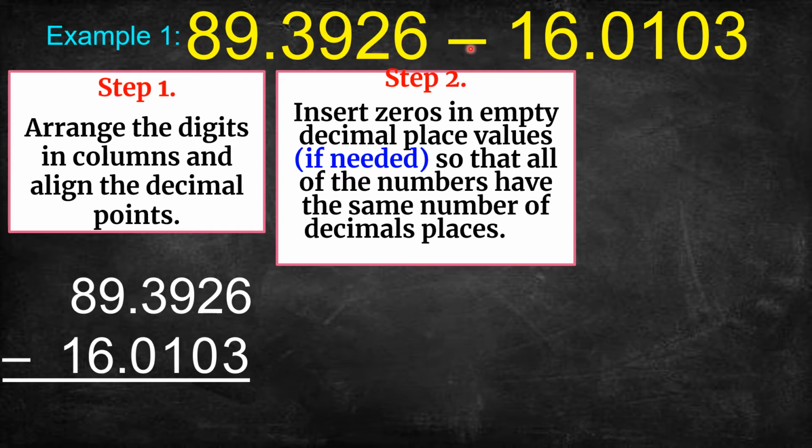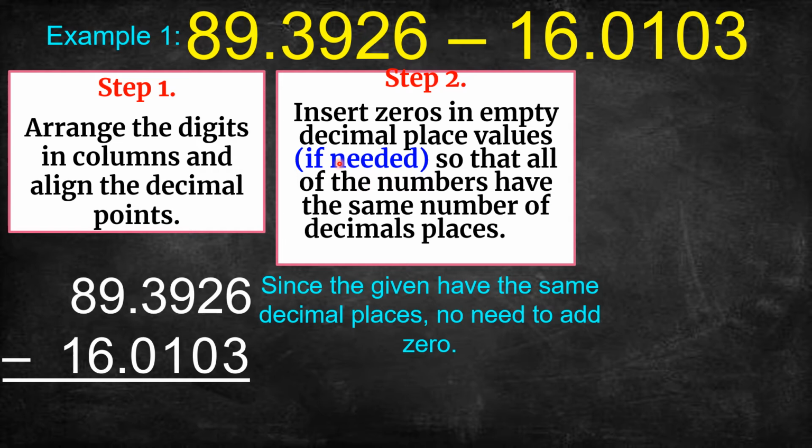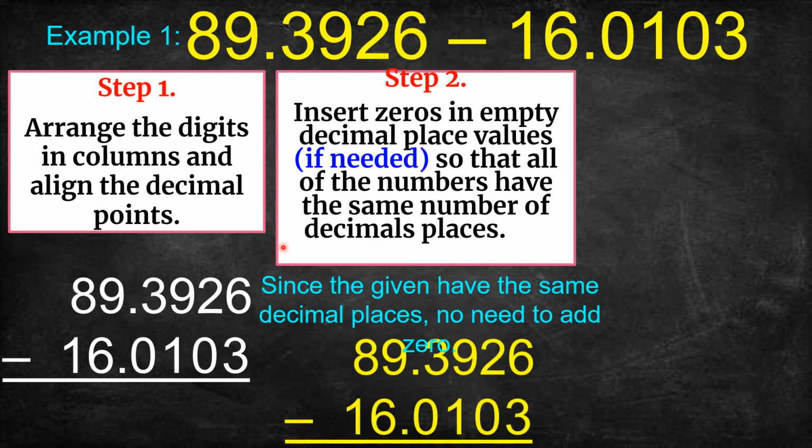Then sa ating pangalawang given, 4 na digits din. So pareho naman sila ng bilang ng digits, kaya we don't need to add zeros. Nilalagyan lang kapag merong nawawala or hindi sila pantay ng digits ng place value. So, dahil pantay lang, kokopyahin na lang muna natin muli yung ating given.